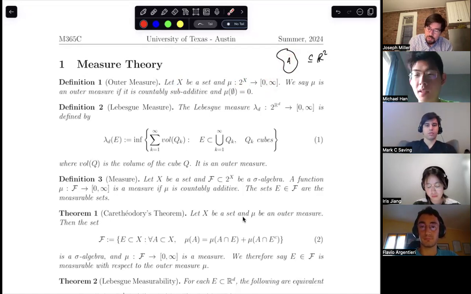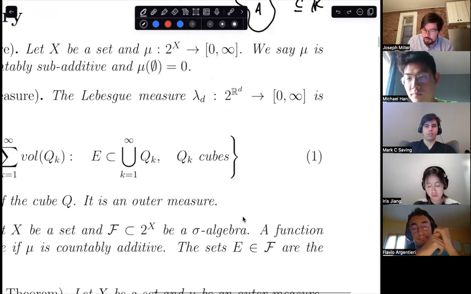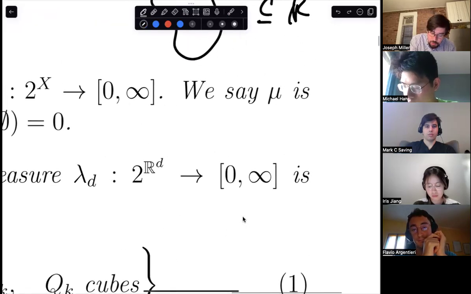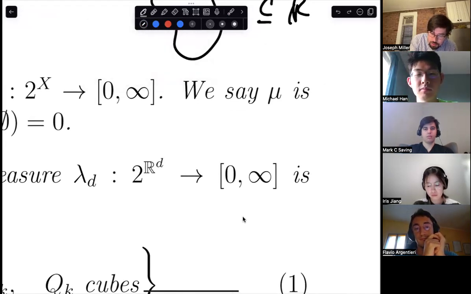An outer measure is something that takes in a subset of X, spits out a positive number, is what's called countably subadditive, and assigns 0 to the empty set. What countably subadditive means, let me zoom in here, is the following.